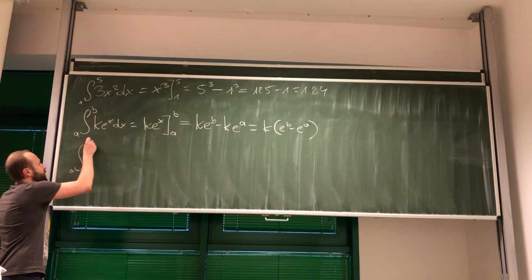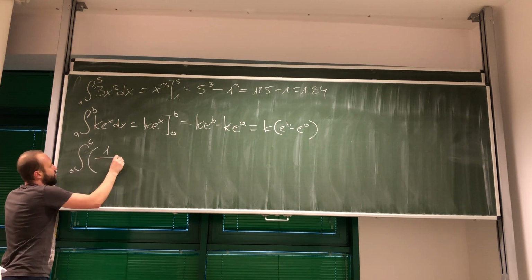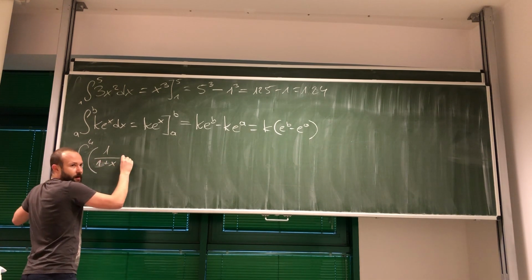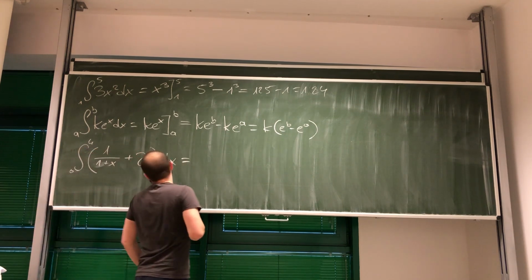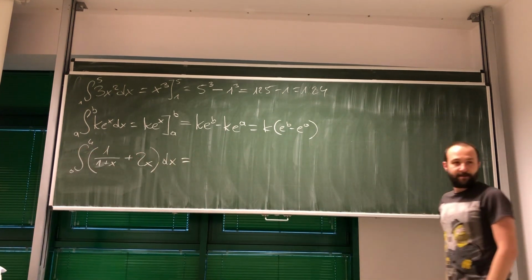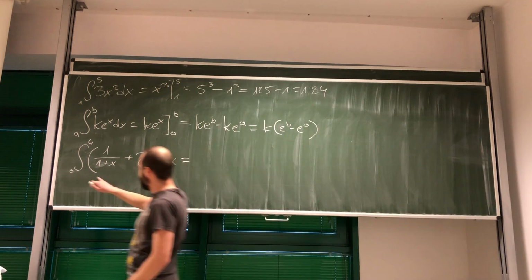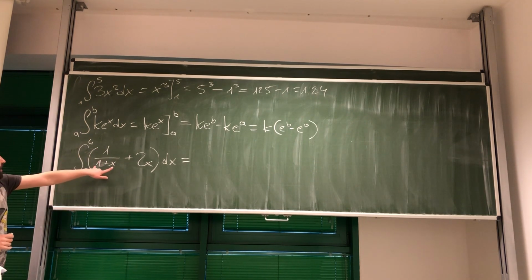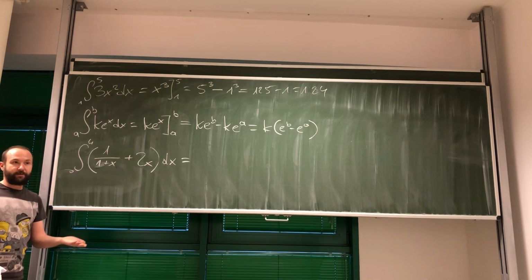So we have from 0 to 4, and we've got inside 1 over 1 plus 2x dx. Okay, again we need to start by calculating the indefinite integral. So, what we see over here is that the derivative of the denominator is 1, which is what we have in the numerator.